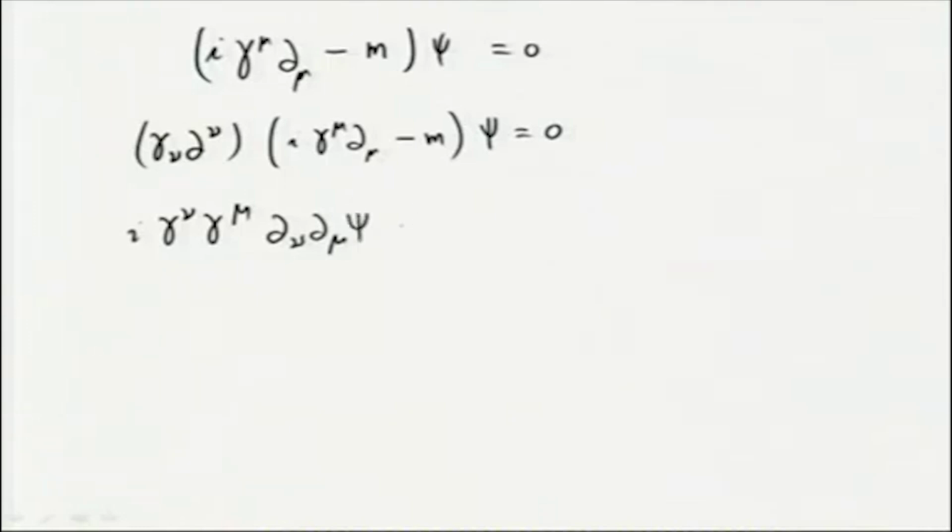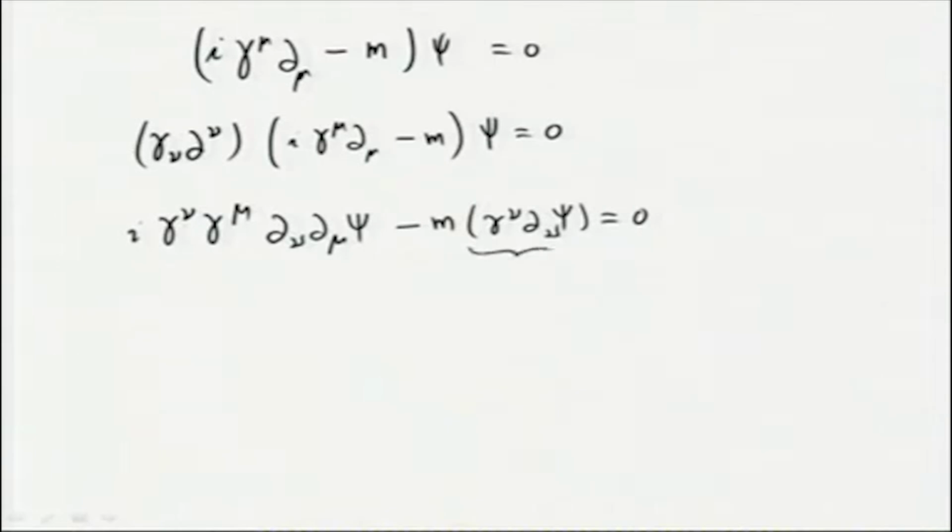This is the first term, and then the second term is m γ^ν ∂_ν ψ equal to 0. First, let us look at the second term. γ^ν ∂_ν ψ, because of the Dirac equation, is now minus i m ψ.